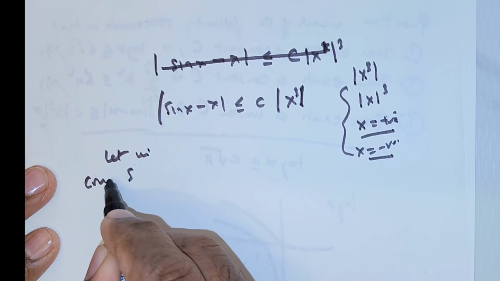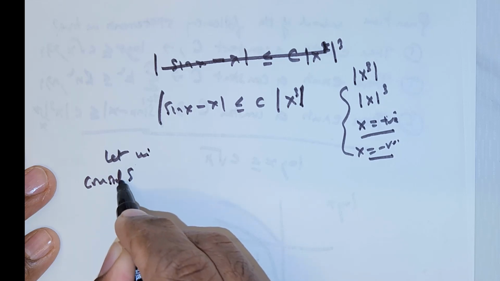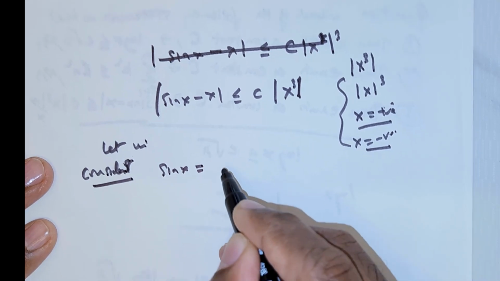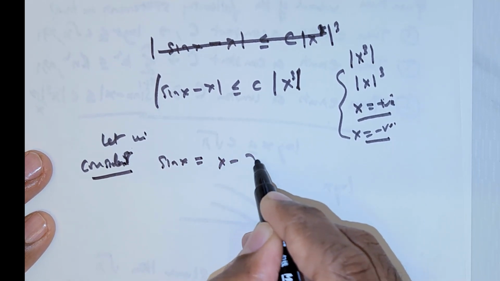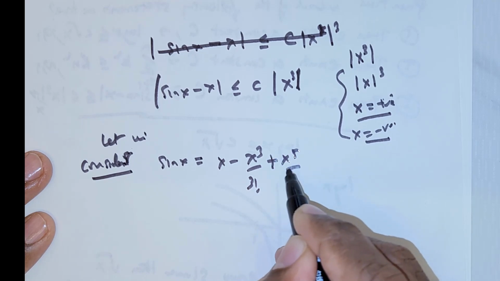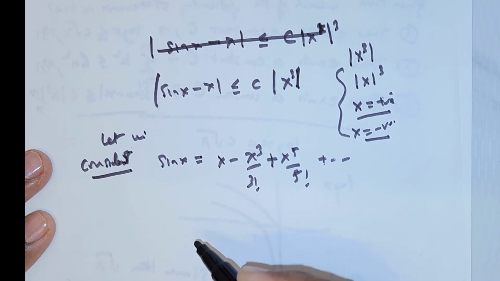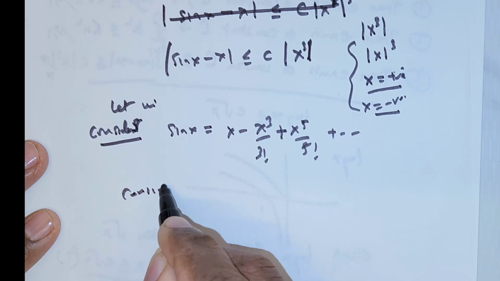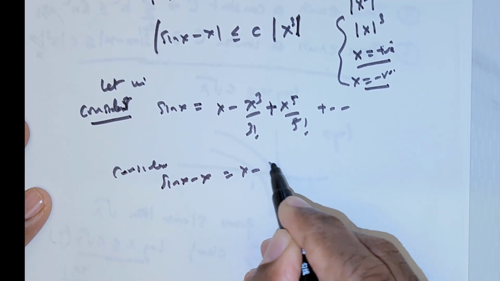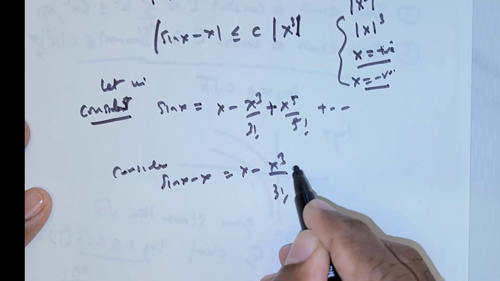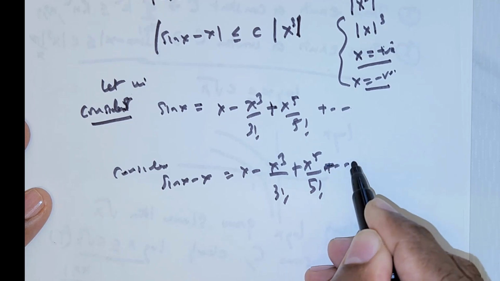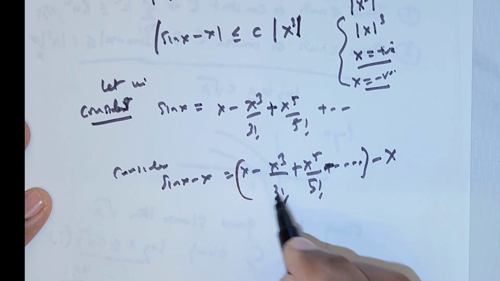So now having mentioned that, let us consider the sin x expansion. What is that? That is x minus x cubed over 3 factorial plus x to the power of 5 over 5 factorial minus, etc. Now we consider sin x minus x, which is nothing but x minus x cubed over 3 factorial plus x to the power 5 over 5 factorial minus etc., minus x.